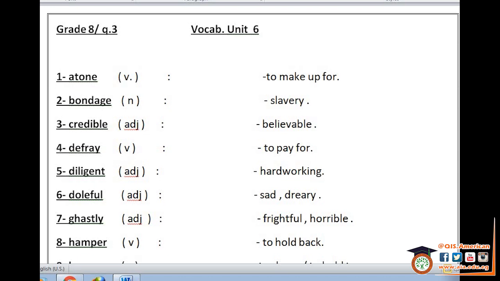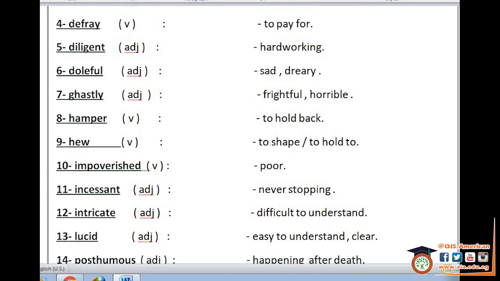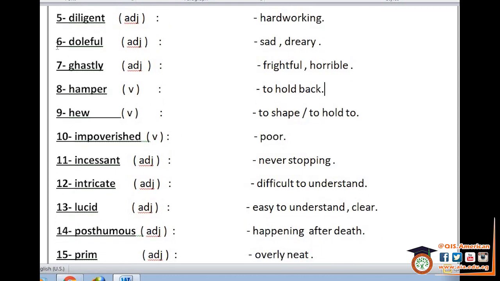After you finish the first 5, another time or another day, take the next 5, from 6 to 10, and memorize these together.